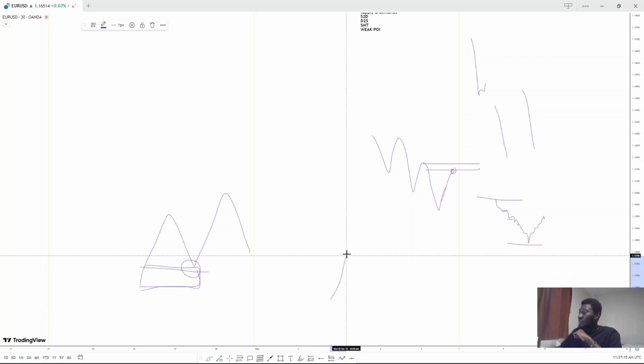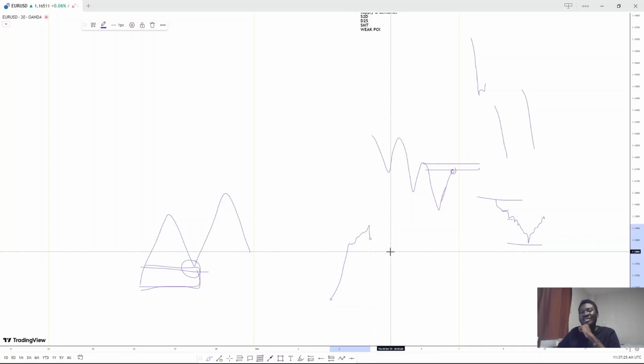Because if price is going up and was forming this going up, and suddenly we had an internal break of structure, you ask yourself, is demand saturated now for suppliers to set in for the complex pullback? How do you know that? That's where liquidity comes in, liquidity gaps come in.